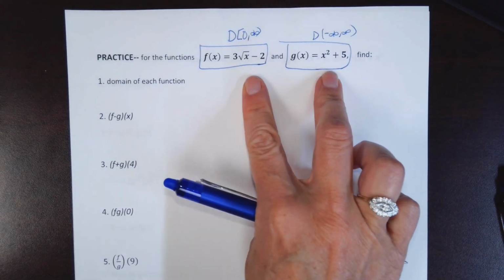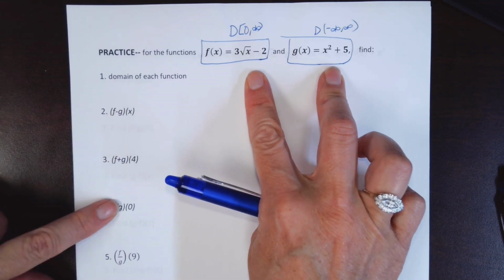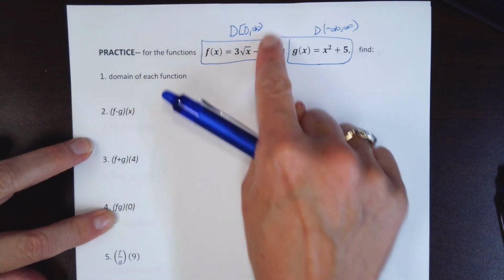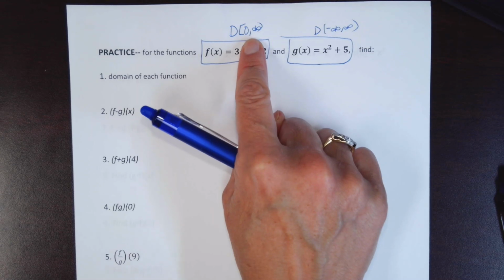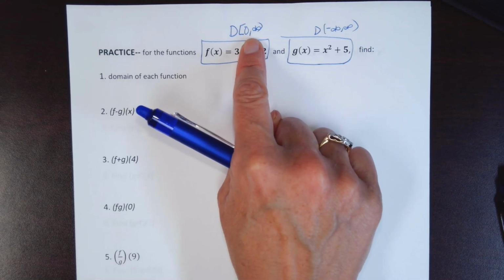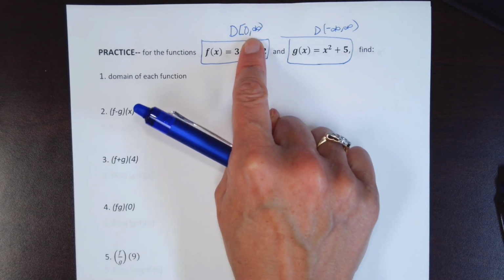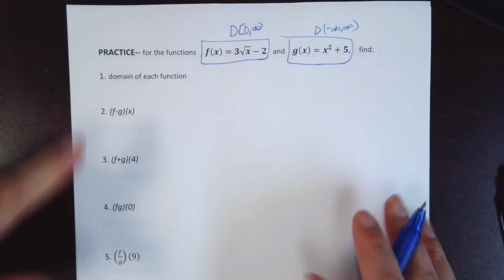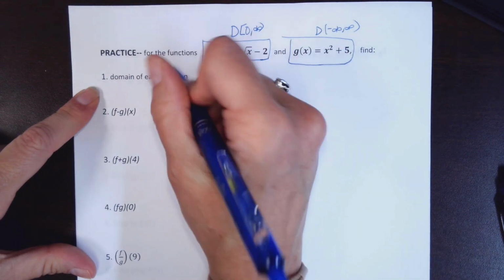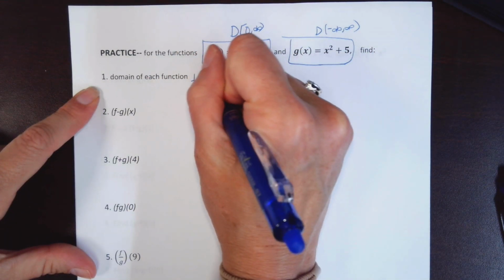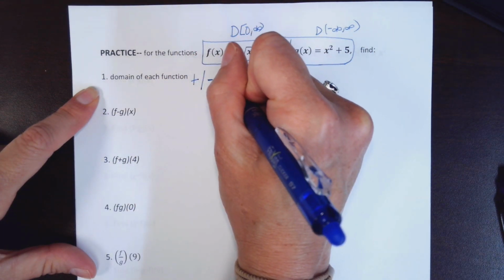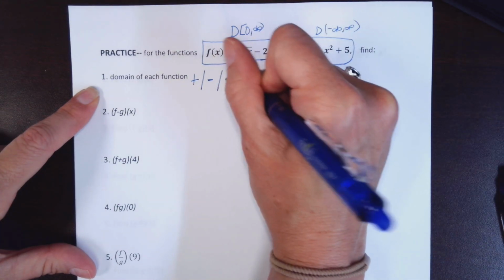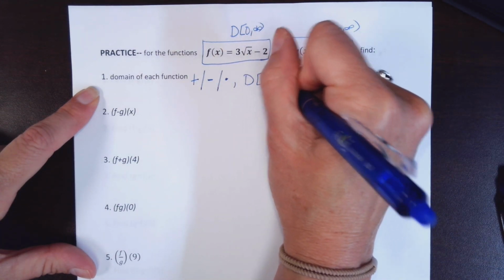That means that for minus, plus, and multiply, my restriction on my domain is going to be 0 to infinity. It only is going to give me real solutions if I have a domain value that is 0 or to infinity. Domain of each function. Right here, if I'm going to add, subtract, or multiply, my domain is 0 to infinity.